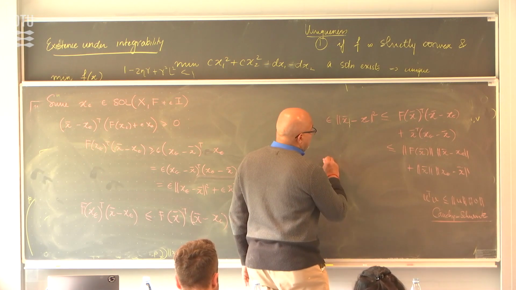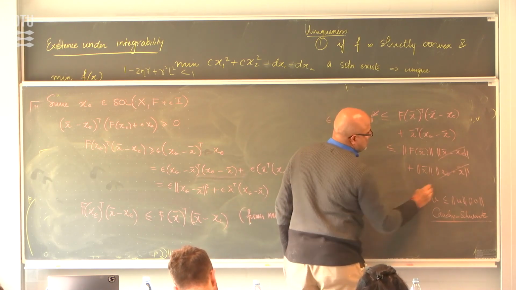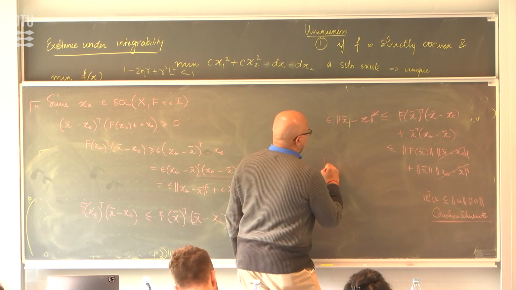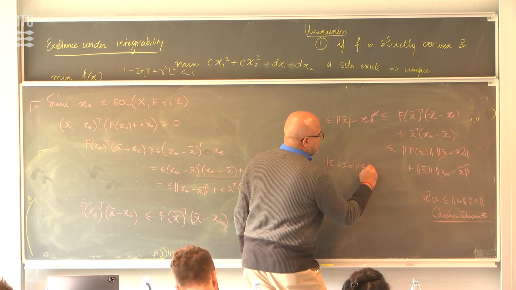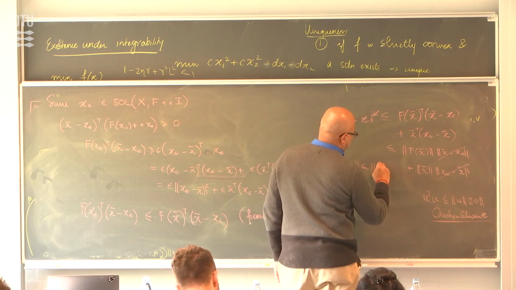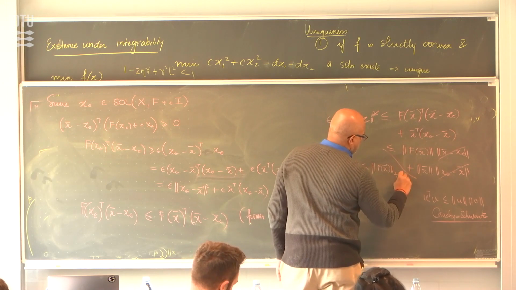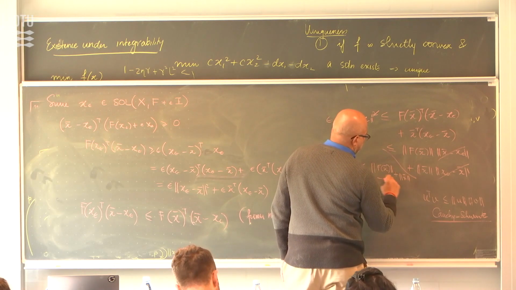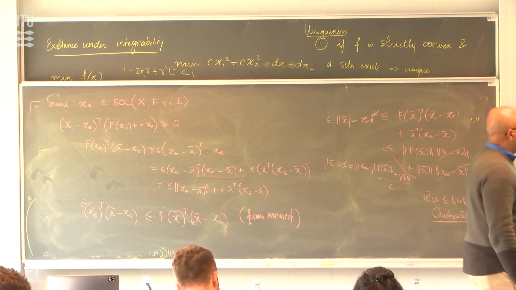So then this cancels with this and this, which means that x bar minus x epsilon is less than, plus, okay.